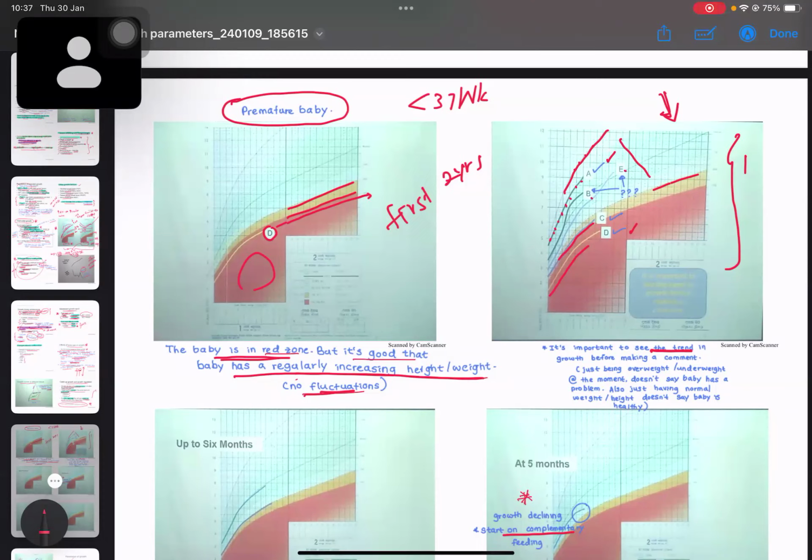For E, see the graph of E. Initially the growth is okay. It's parallel. Then afterwards, there is fluctuation. The growth has reduced and it's not parallel to the previous centile line. So there's a fluctuation. Somewhere during this period, an insult has happened.